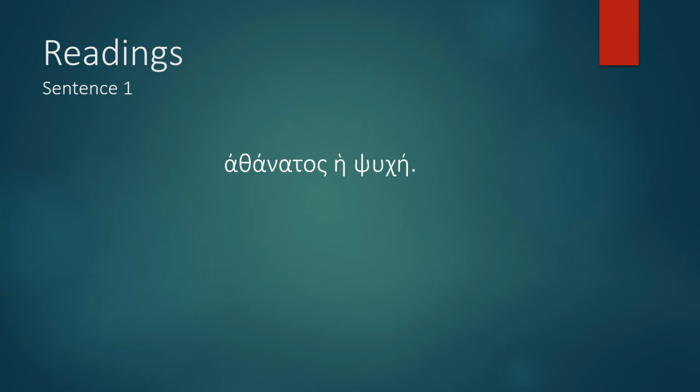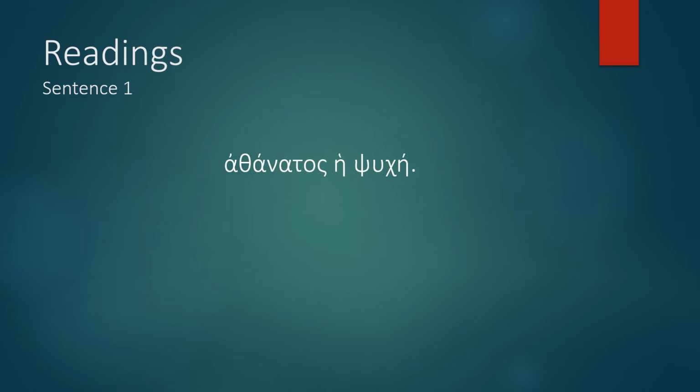Next thing, notice what position athanatos is in. It is in the predicative position. It does not have the word he before it. He is going with psuche, but it doesn't have anything to do with athanatos. Now you might think, well, I've learned my endings. Os is the masculine ending, and these are feminine.